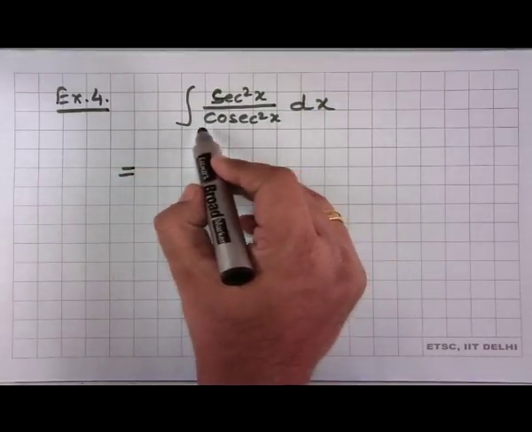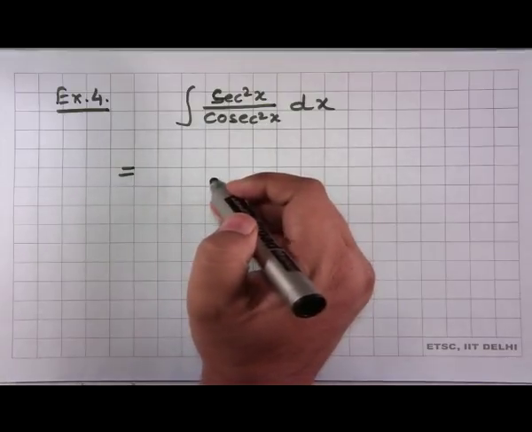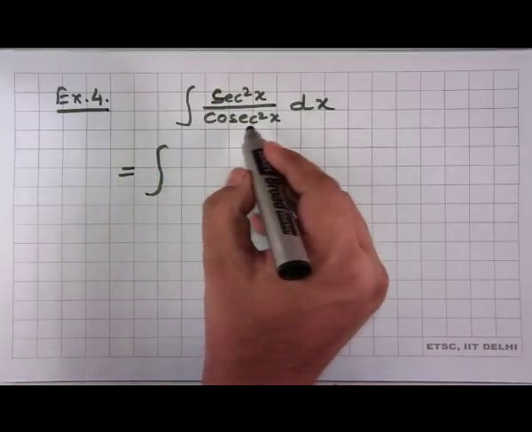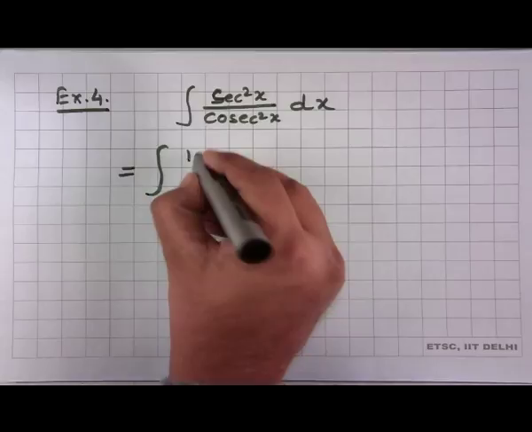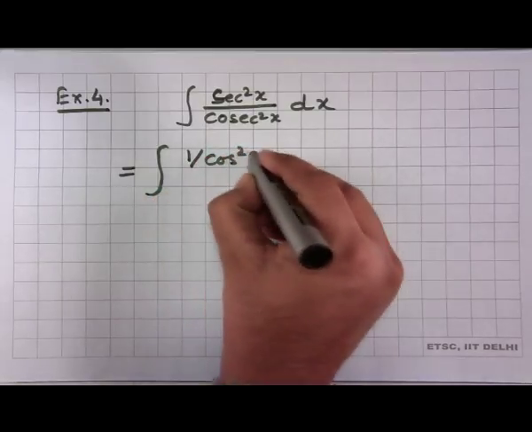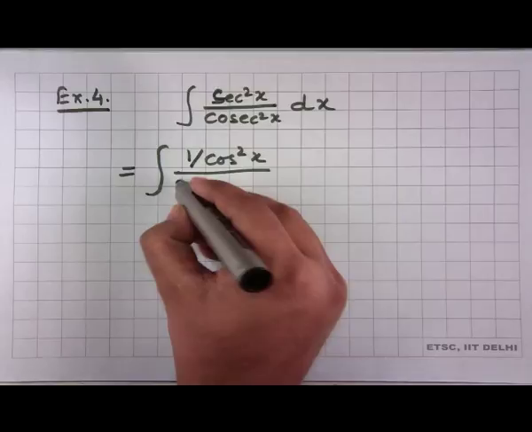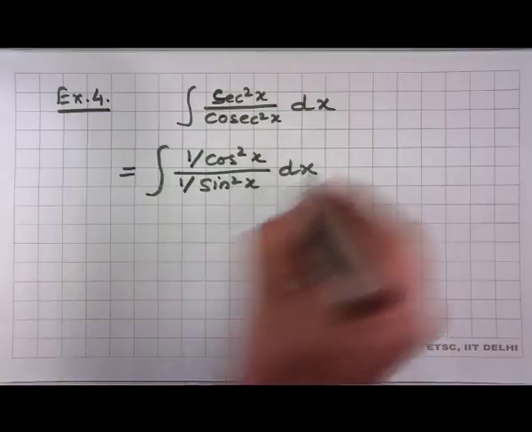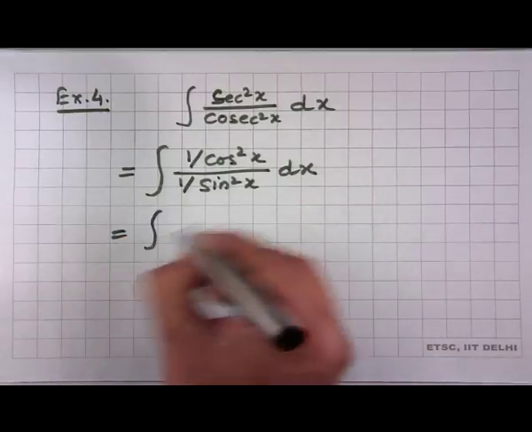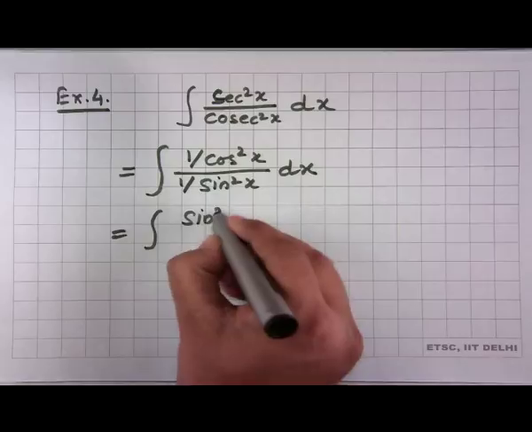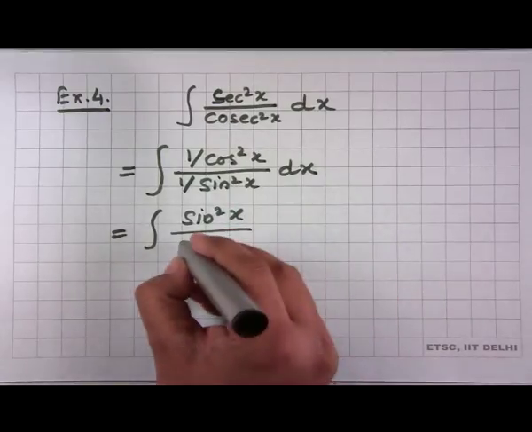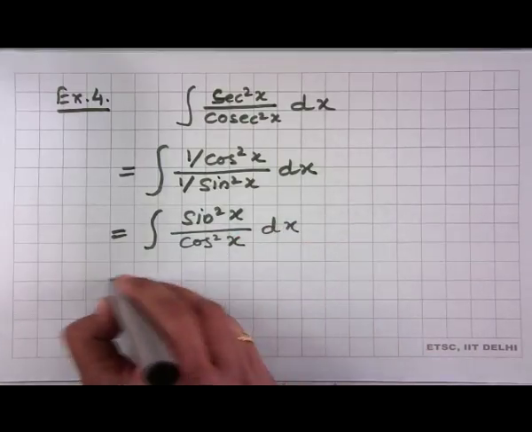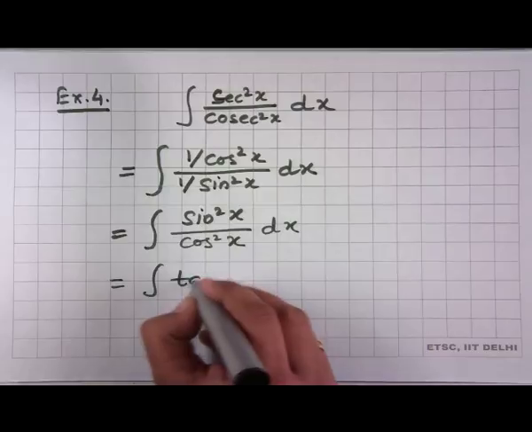We do not have a formula here directly, but if we look at this carefully and apply the trigonometrical relationship, that sec square x is nothing but 1 by cos square x, and cosec square x is nothing but 1 by sin square x, we can write it as sin square x over cos square x, which is nothing but tan square x dx.